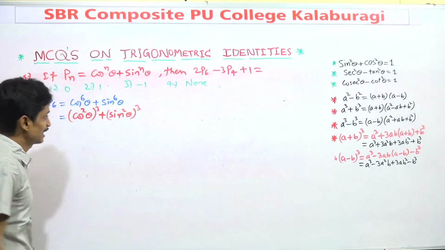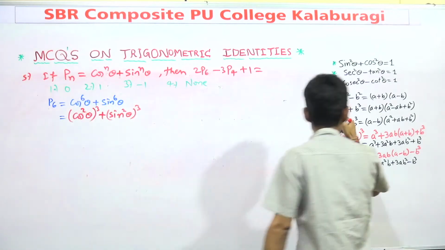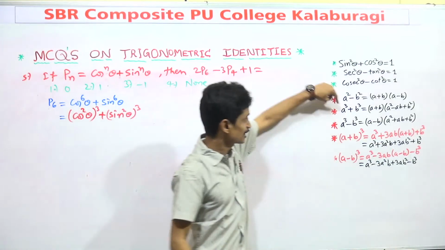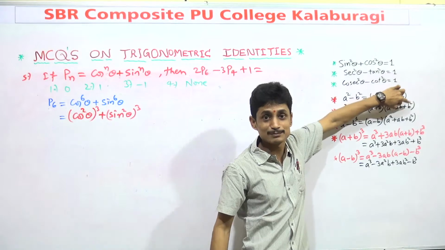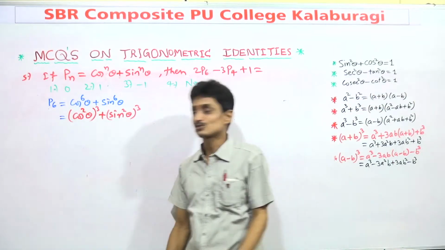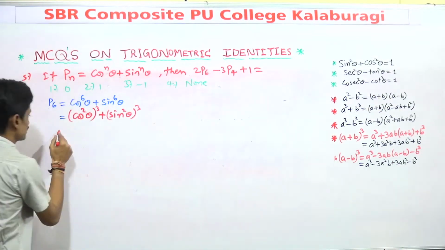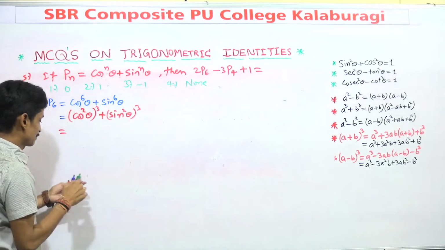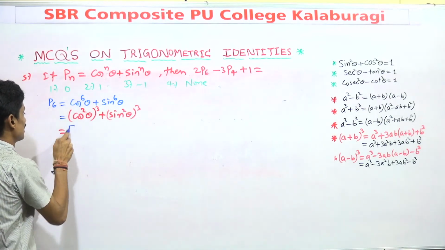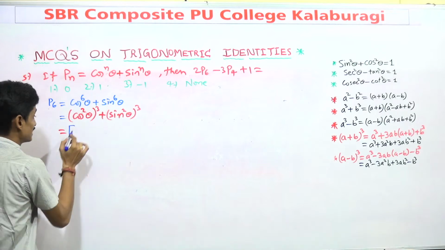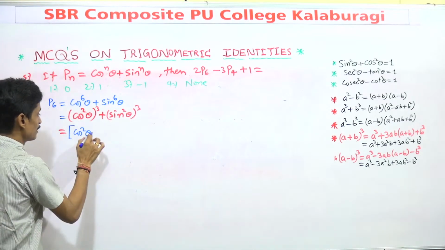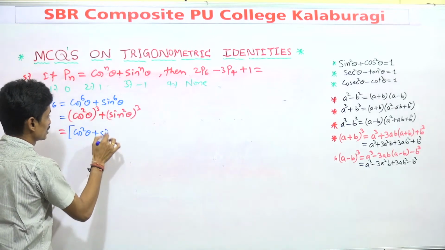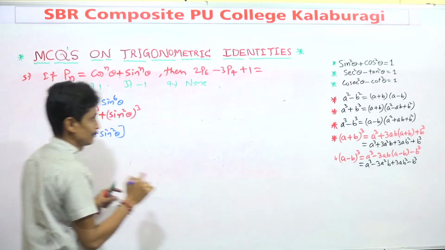Completely, you have it in the form a cube plus b cube. What is a cube plus b cube? a plus b into a square minus ab plus b square. Just arrange it. Now the first term is a plus b, so a is cos square theta and b is sin square theta. Close the bracket.